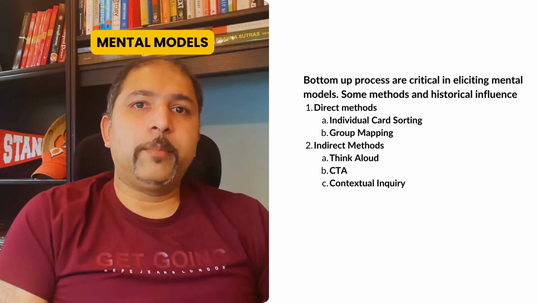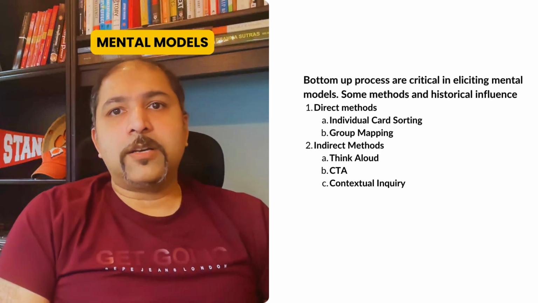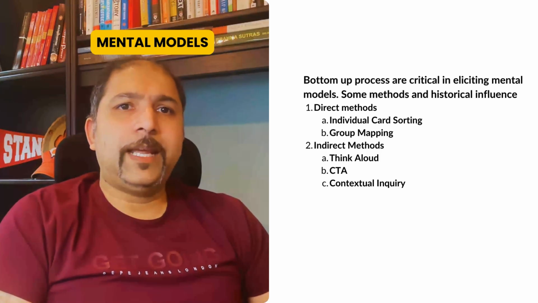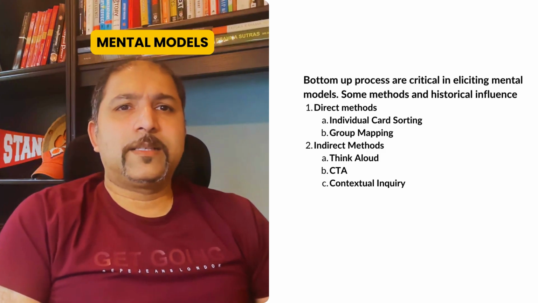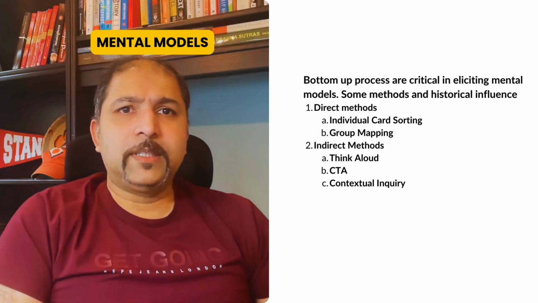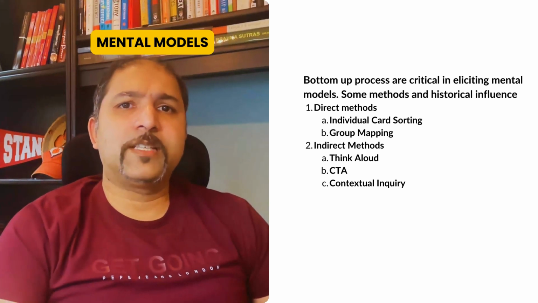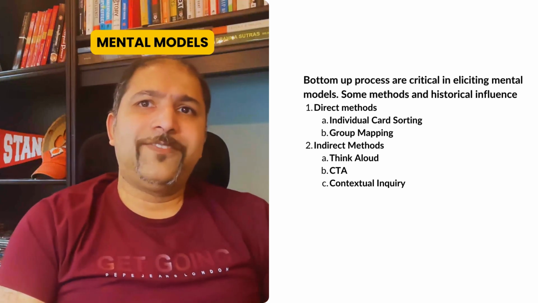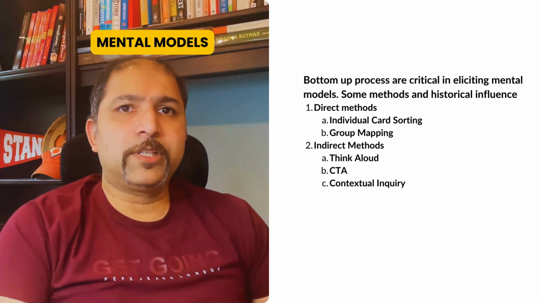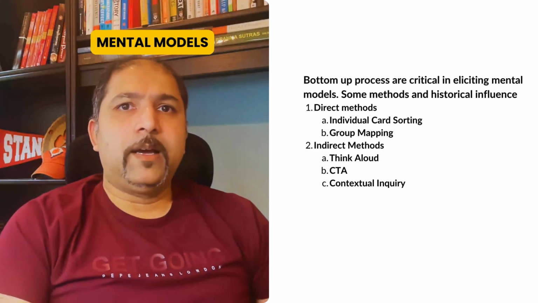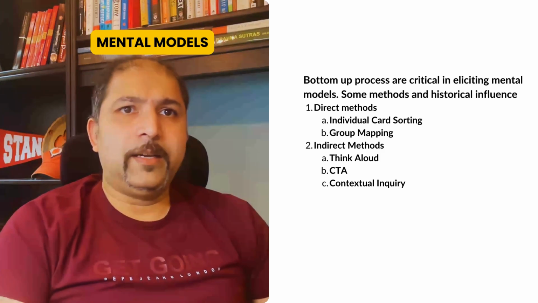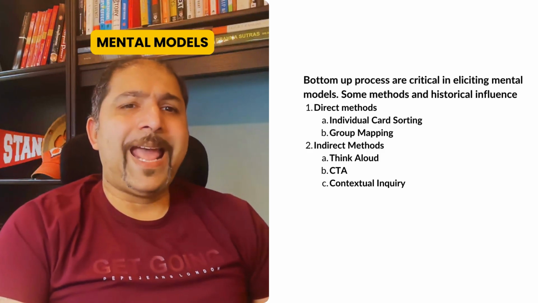Kearney and Kaplan coined a method similar to current card sorting called concept content cognitive map, also called the 3CM method, which really works like the current card sorting method, but it was much later, I believe in 1998. Another direct method was developed by Özesmi and Özesmi in 2004, called fuzzy cognitive mapping, which involved defining different variables of a system and then organizing them to illustrate the understanding of an issue, mostly in the context of land management, I believe.